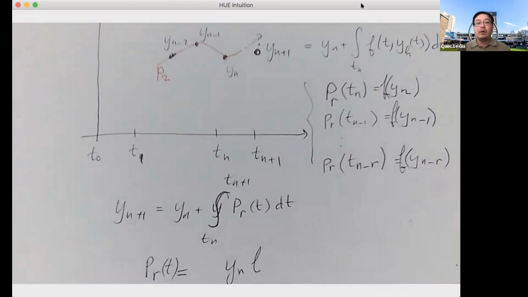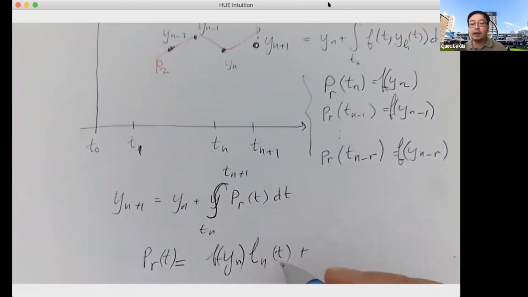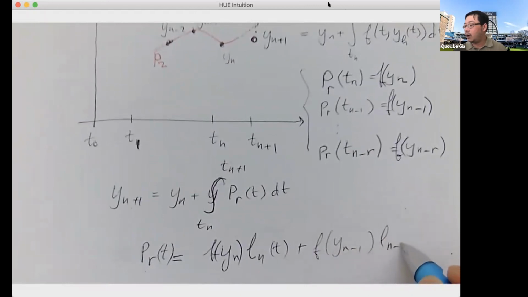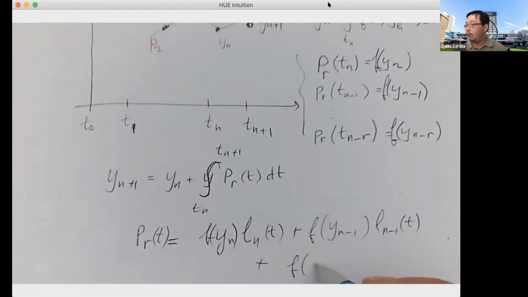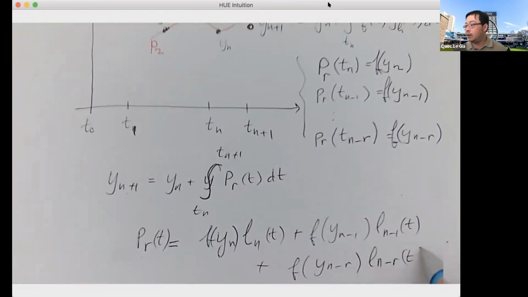And so now my polynomial will be f of yn times the Lagrangian Ln, plus f of yn minus 1 times the Lagrangian Ln minus 1, and so on, up to f of yn minus r times the Lagrangian of n minus r.